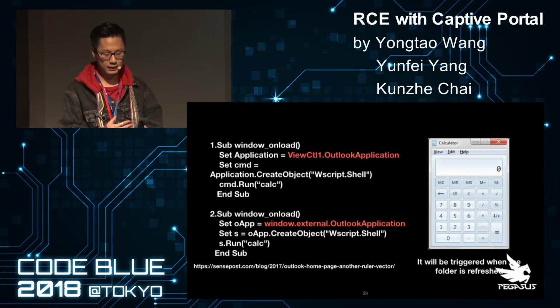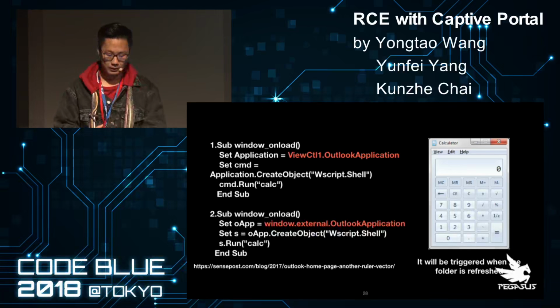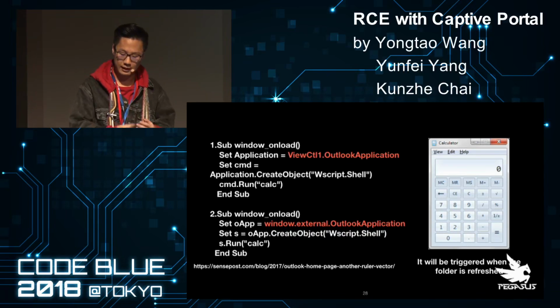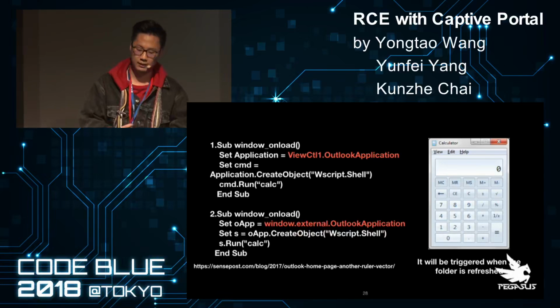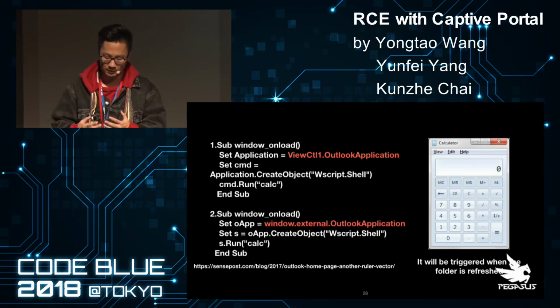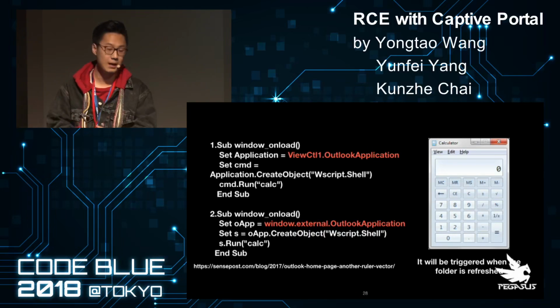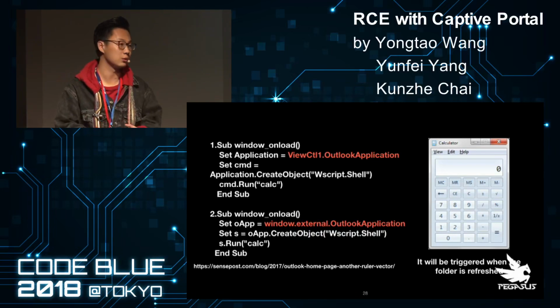After we get ready, the code will be triggered whenever the folder is refreshed. This is usually triggered when the user refreshes the mail inbox or Outlook is restarted.